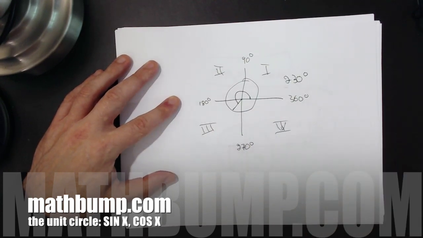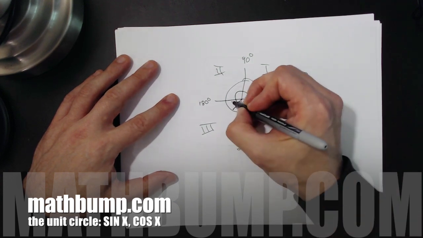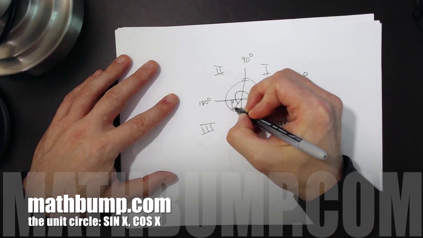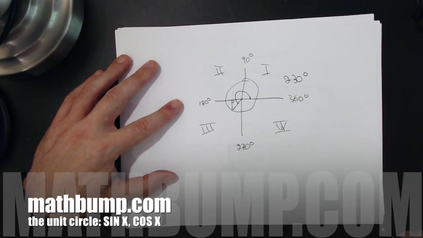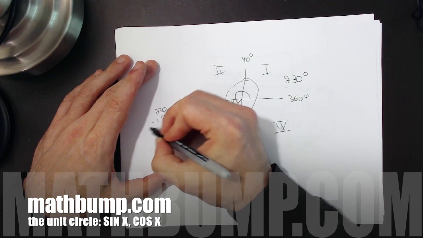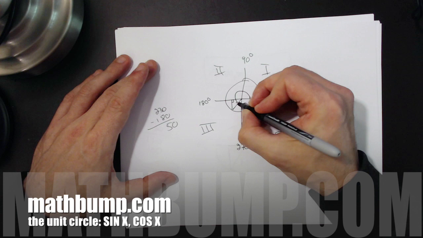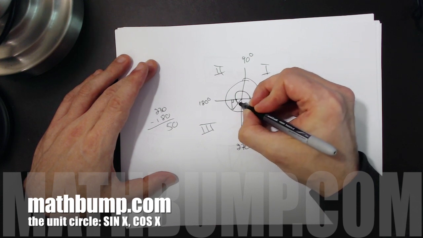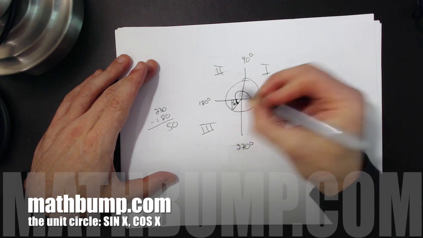Okay, they go backwards, counterclockwise. So anyway, 230 is going to be what angle to its x-axis? Well, how far did we go past 180? Or how, 230 minus 180, which is just 50. So that means this angle here is going to be an angle of 50.